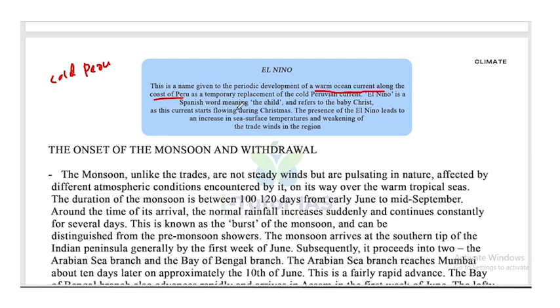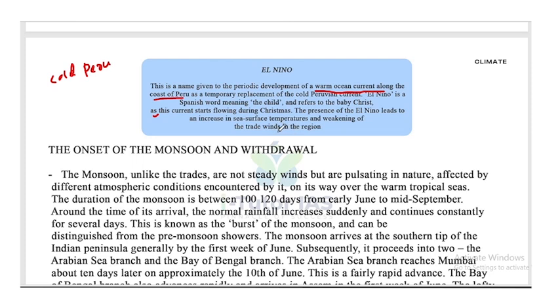El Nino is a Spanish word meaning the child and refers to the baby Christ, as this current starts flowing during Christmas time. The presence of El Nino leads to an increase in sea surface temperature and weakening of the trade winds in the region.